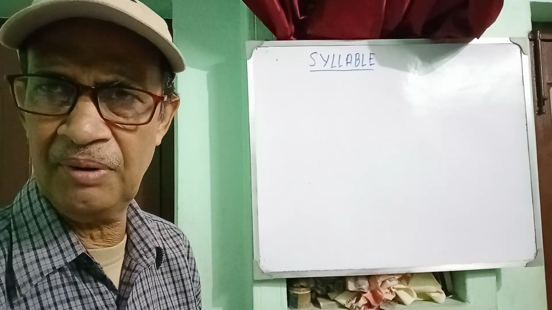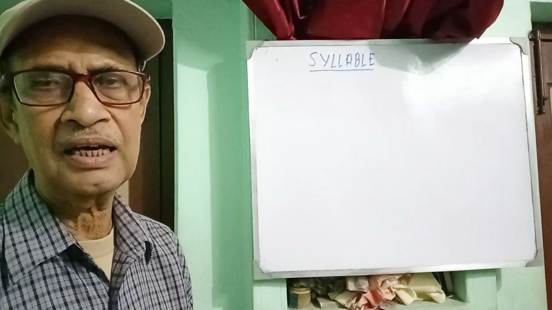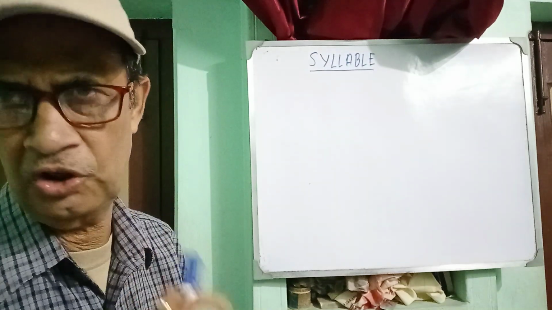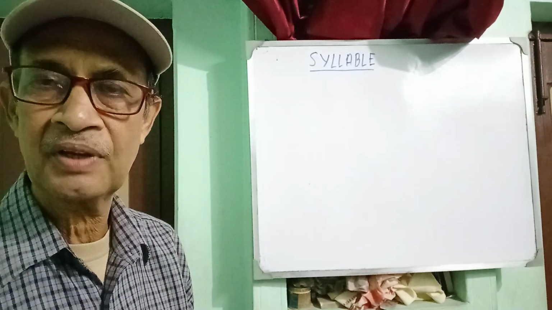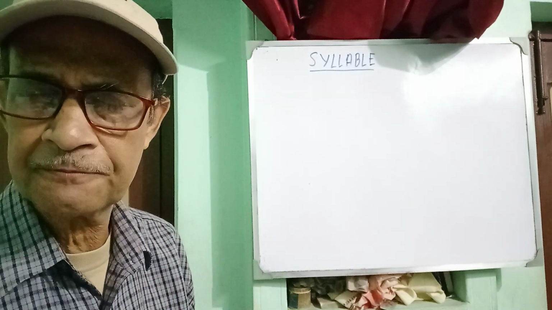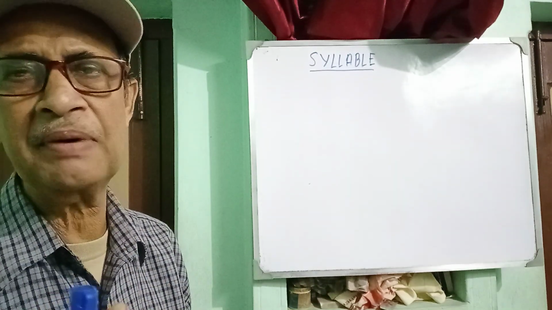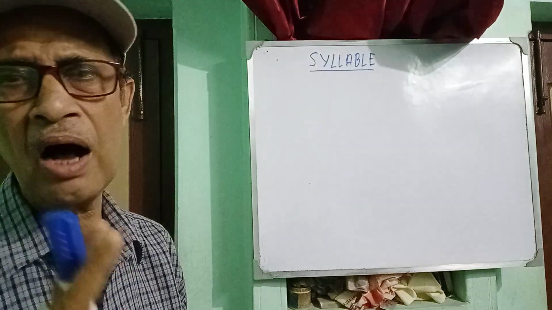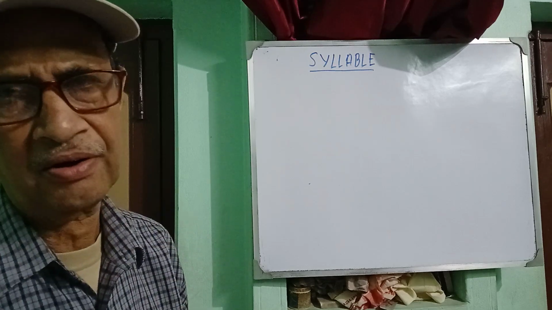What is a syllable? A syllable is actually a vowel sound. A vowel sound is a syllable. That means we may come to the conclusion that one vowel sound is equal to one syllable.